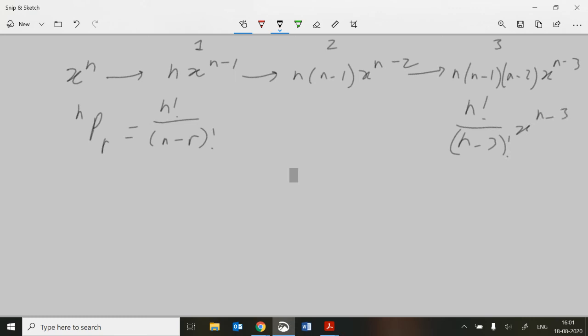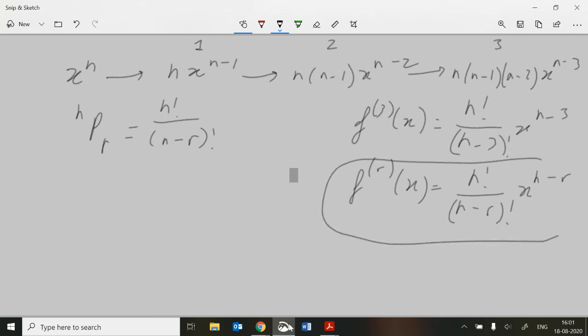Now, that's our third derivative in this case. Now, if we want our, let's say, rth derivative, then that's also going to give us this n factorial over n minus r factorial, and then we're getting x to the n minus r. There we go. Okay, so we can develop these formulas quite quickly, in fact.